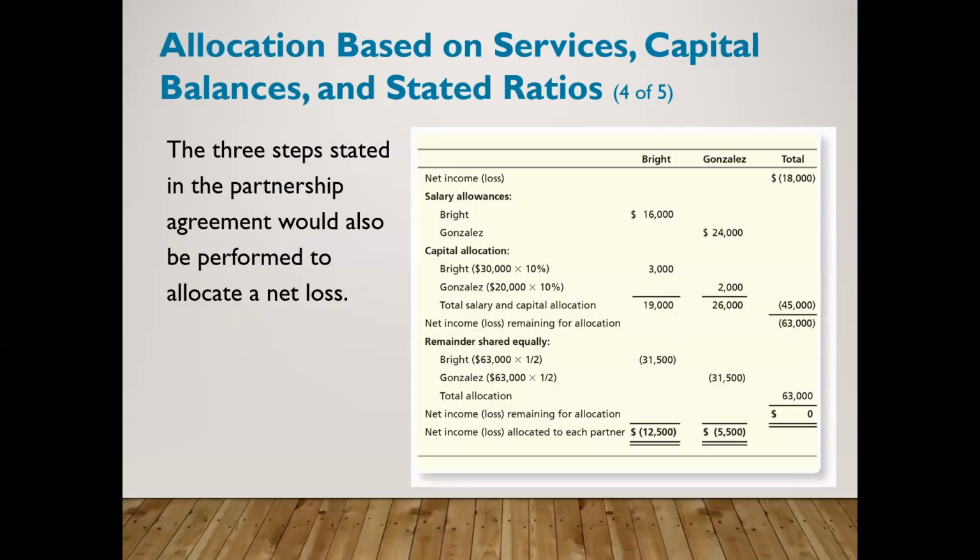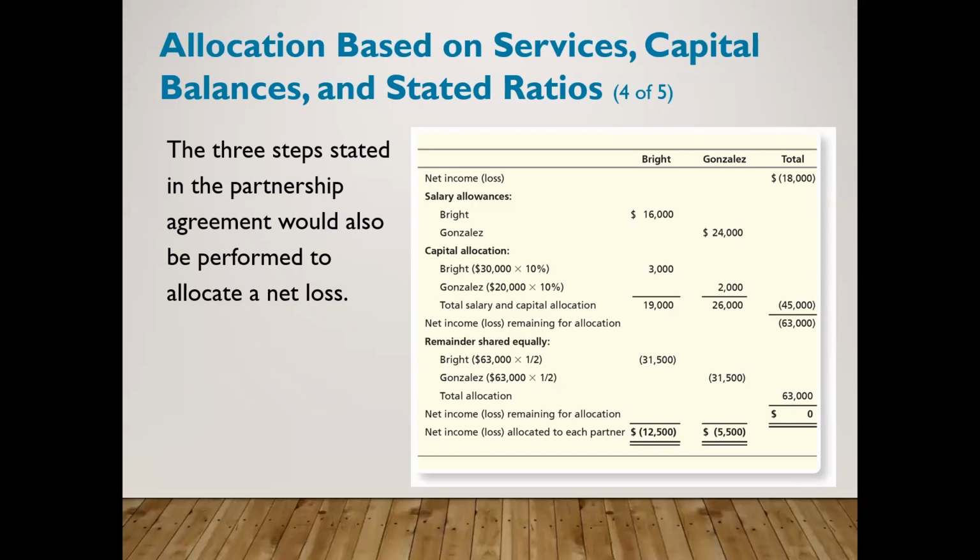Now, what happens if this same income sharing agreement were in place, but Bright and Gonzalez incurred a total net loss of $18,000?